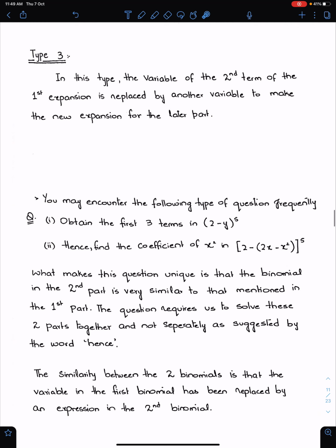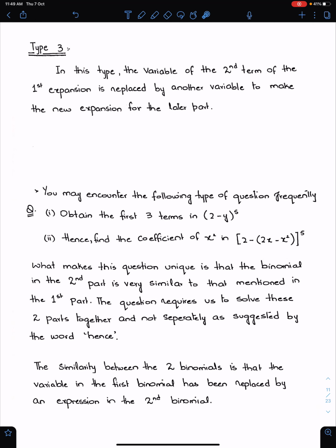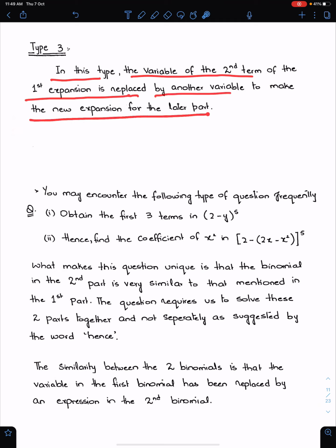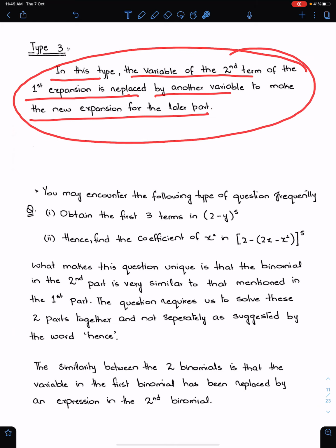Type 3 questions. In this type, the variable of the second term of the first expansion is replaced by another variable to make the new expansion for the later part. Now understand this thing with the help of this example.